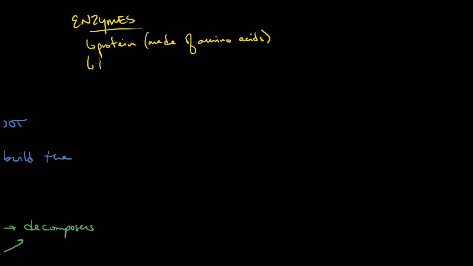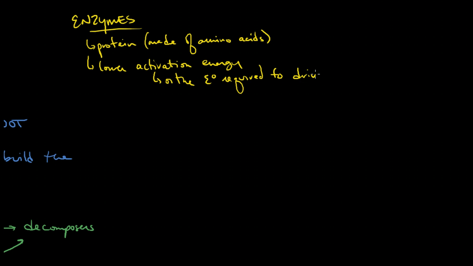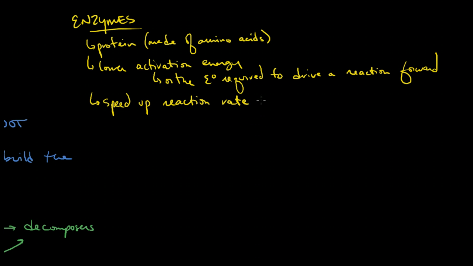What enzymes do is lower the activation energy, or the energy required to drive a reaction forward. By doing that, they speed up reaction rates. In other words, they are catalysts.